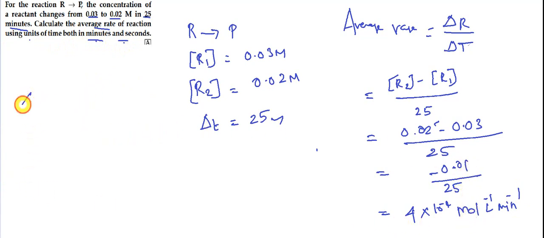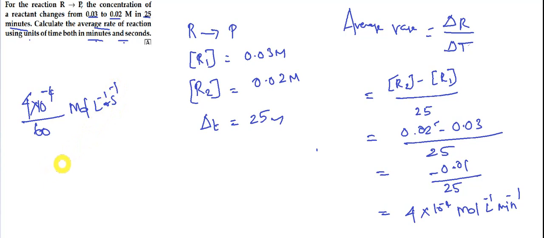So this is 4 into 10 to the power of minus 4. For seconds, we have to divide by 60, mole per liter per second.